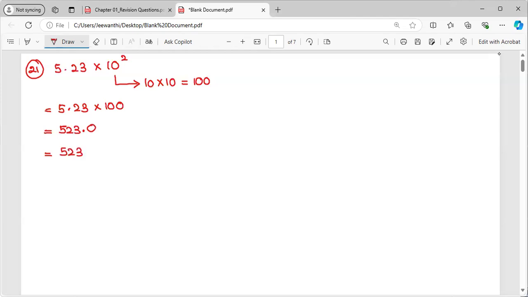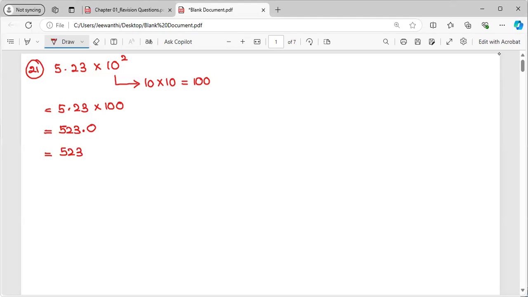I know that most of the students have a doubt whether we want to keep that third space, the 523.0. Is it compulsory? I can't say it is compulsory, but I can tell you something. If you show this 523.0, that shows how you moved the decimal point from 5.23 to 523. It clearly shows that you have come 2 steps and now the decimal point is here.